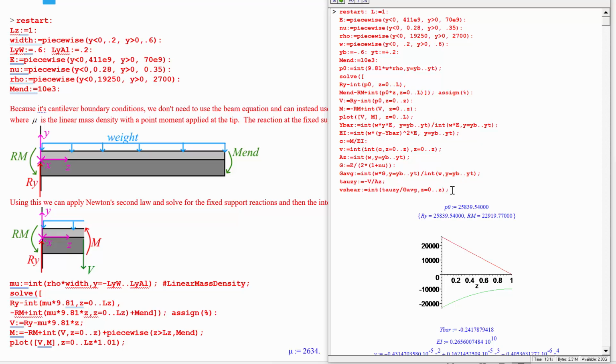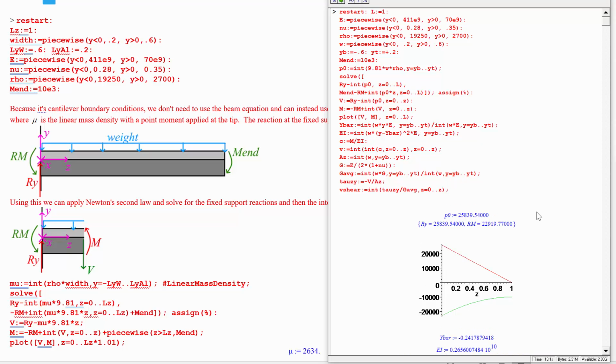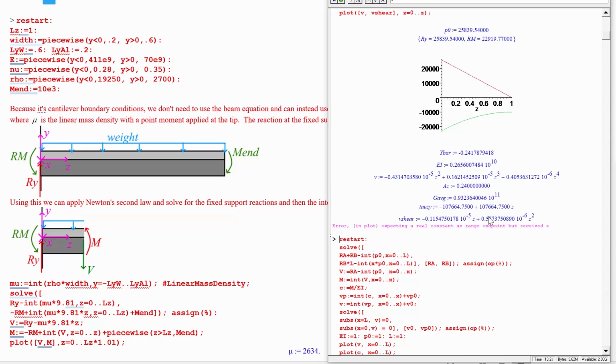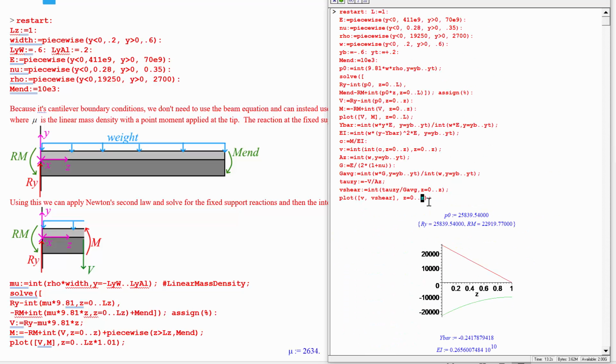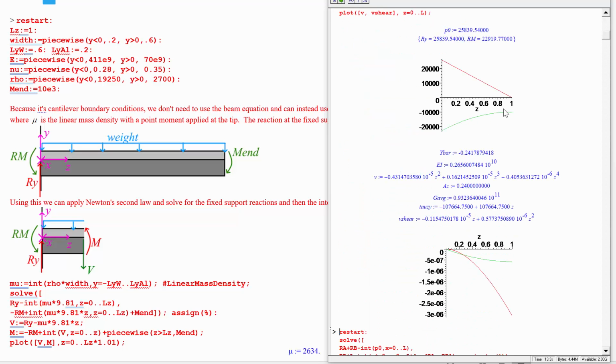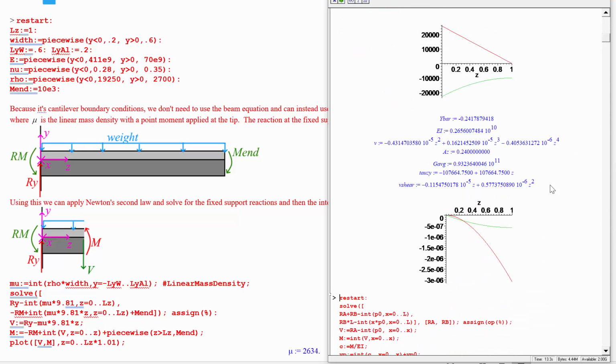And let's see, we can maybe plot both of these, plot V and V shear from z is 0 to L, and see what we get. Okay. And let's see. So they're both bending down. That kind of makes sense.